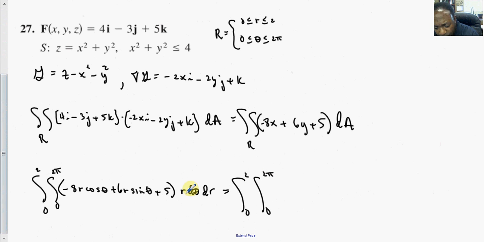You got to run that r through there. So it's negative 8r squared cosine theta plus 6r squared sine theta plus 5r d theta dr.